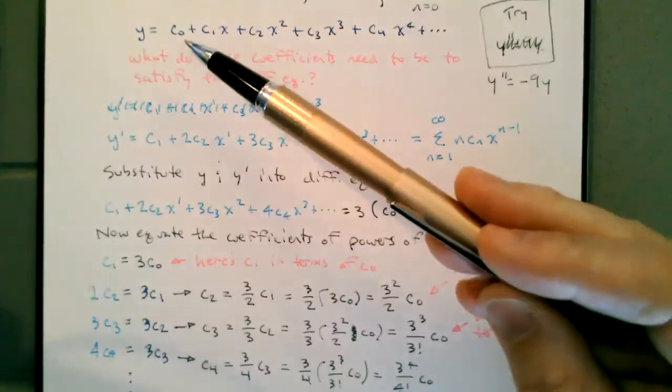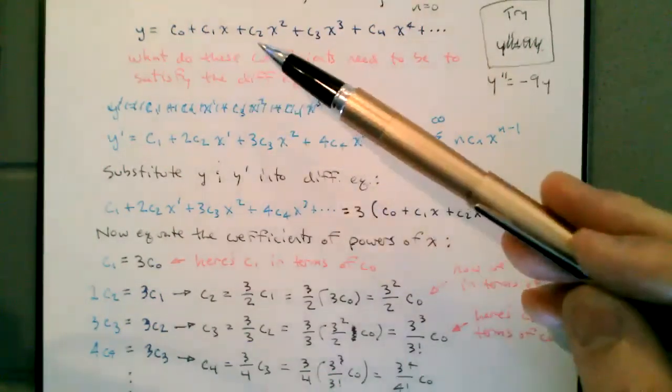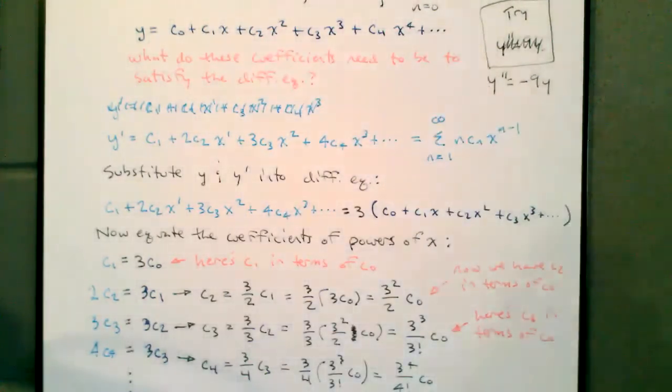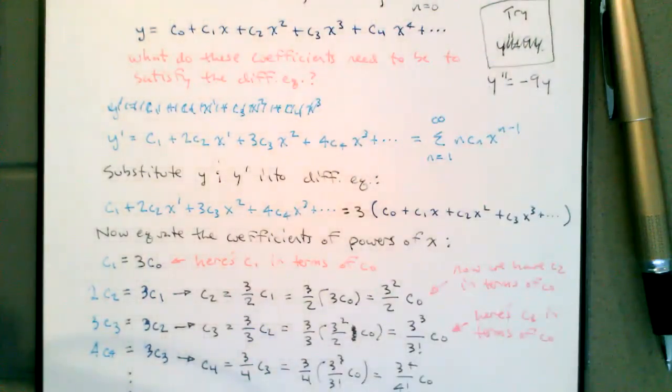The C0 ones look like they're going to be the cosine because that's where the evens are, and the C1s are going to be the sine. That would be a fun activity to do: try to solve y double prime equals -9y using a power series solution, a Taylor series near zero.